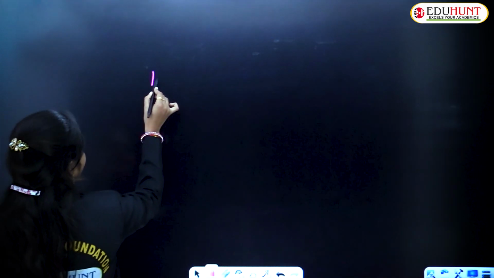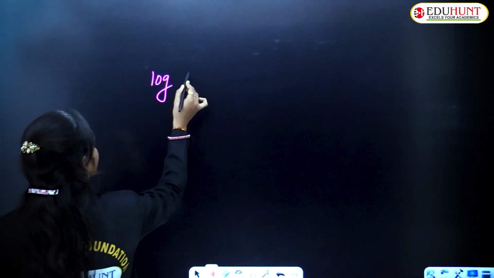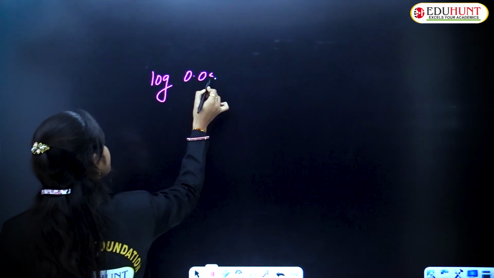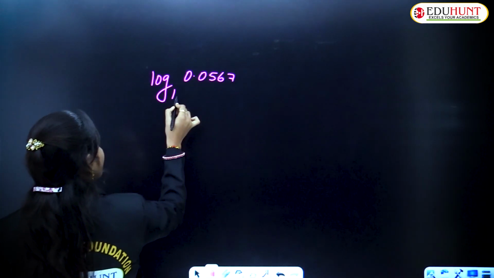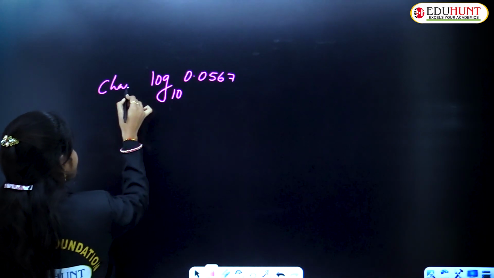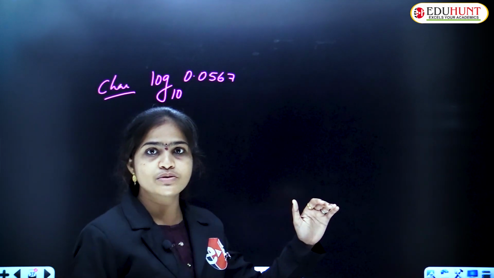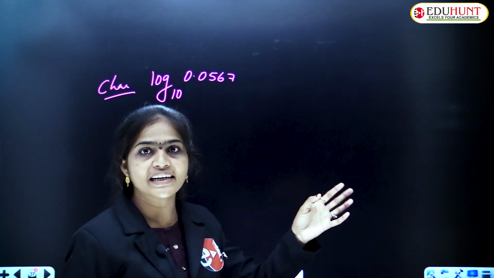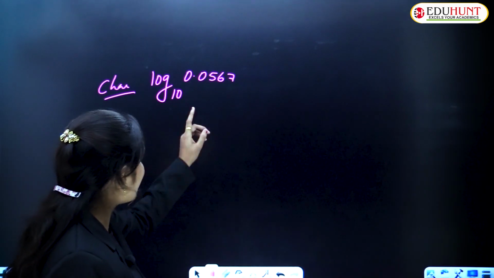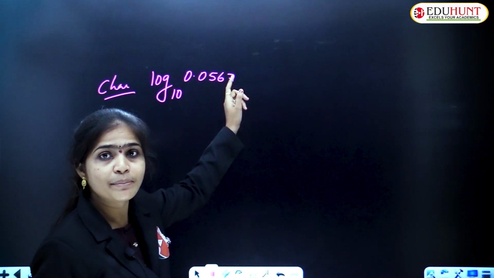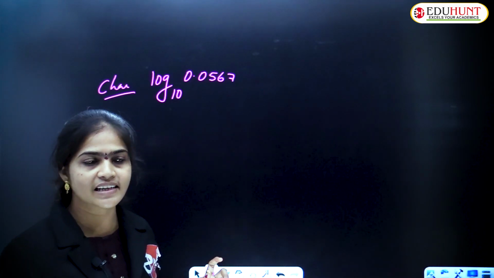I'll tell you one more thing. For example, here log of 0.0567 to the base 10. Here the characteristic is required. Find that characteristic. For the previous ones, integer values were given, so we could easily find it with the k minus 1 formula. Like this, when decimal values are given, how to find the characteristic?